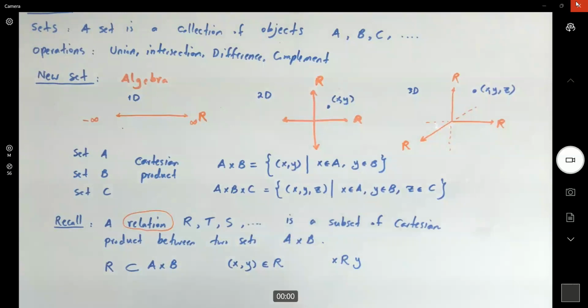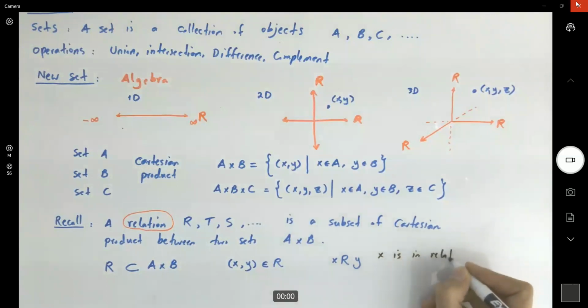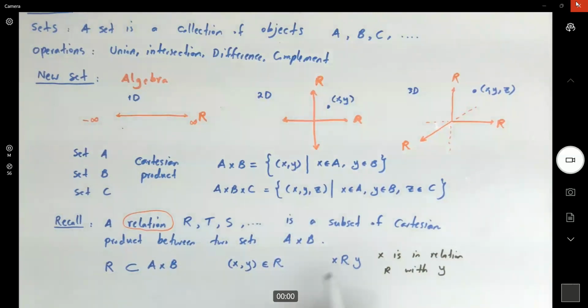So you read it this way: x is in relation R with y, or the pair (x, y) belongs to this subset. R is a subset of the Cartesian product A and B. Let's just add, there's a possibility they're equal to each other as well.